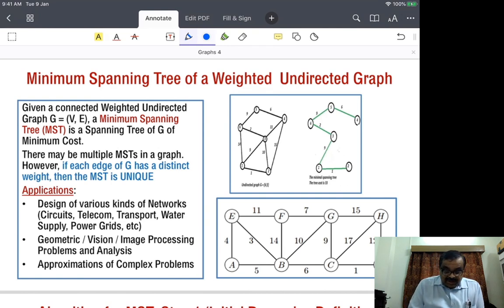So here, given a connected weighted undirected graph G(V, E), a minimum spanning tree is a spanning tree of G of minimum cost, where cost is equal to the sum of edge weights of the tree.